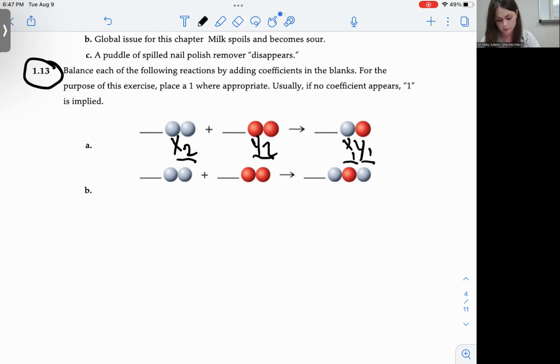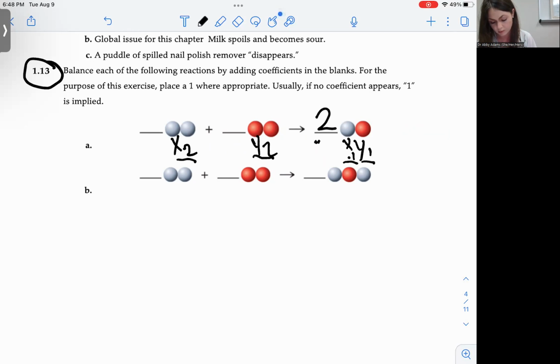All right. So what can we do? Well, let's see. X is all by itself here as 2. The other side is 1. We need to increase this. So we're going to put this coefficient in the front. And if you multiply this coefficient by this implied subscript here, you get 2. That's 2 atoms. So that's what we do with the coefficient and the subscript. We multiply. So 2 times 1Y.